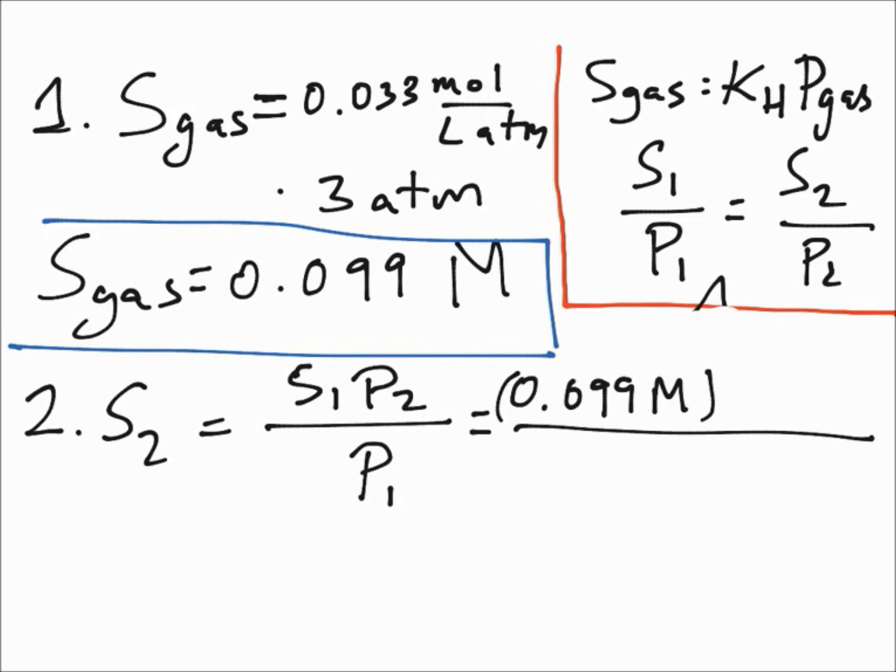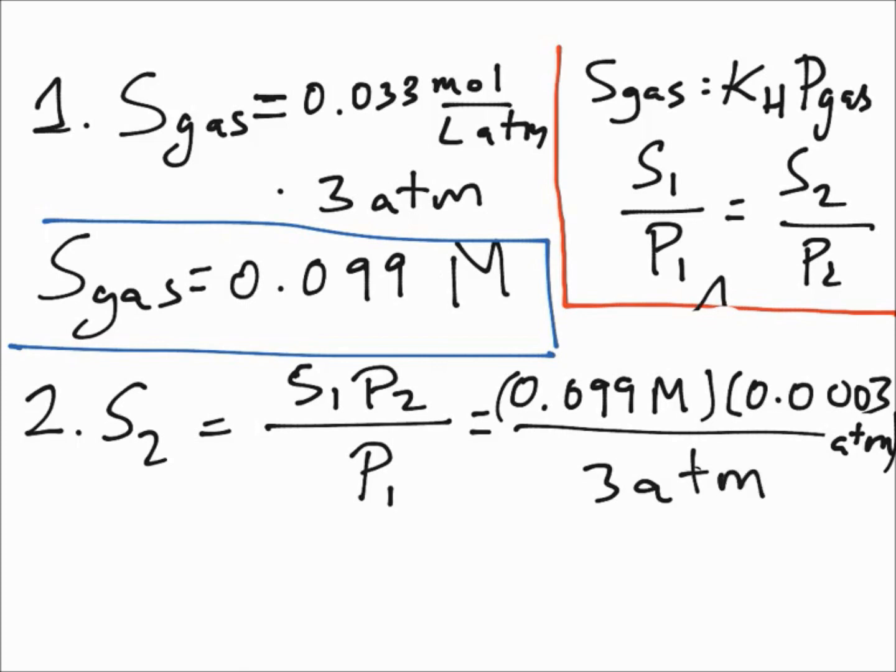That's going to be times P2, which is 0.0003 atmosphere, over our P1, which is, sorry, I put the wrong value, 2 atmosphere.